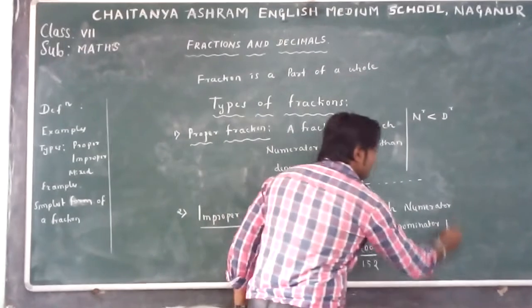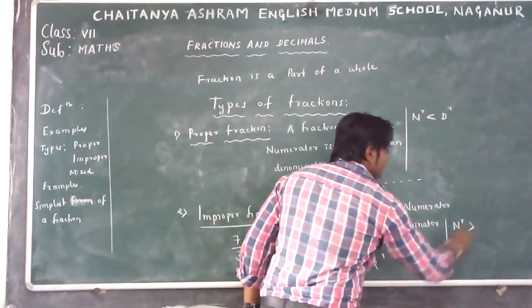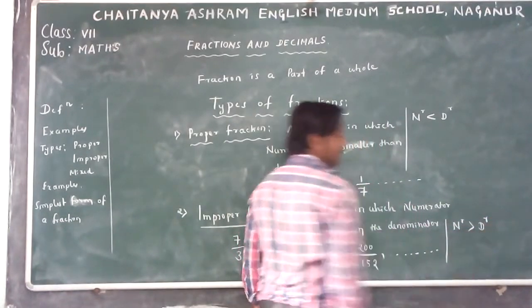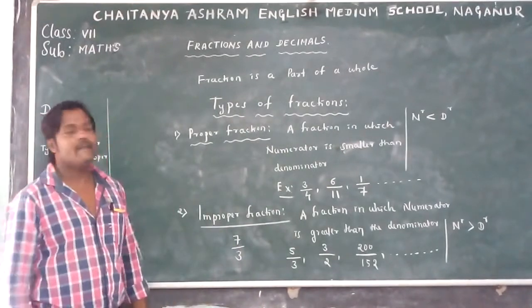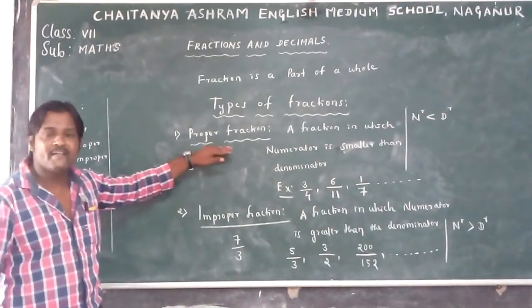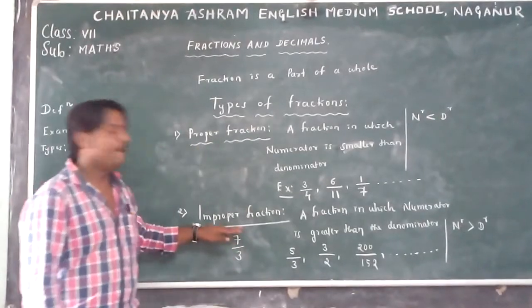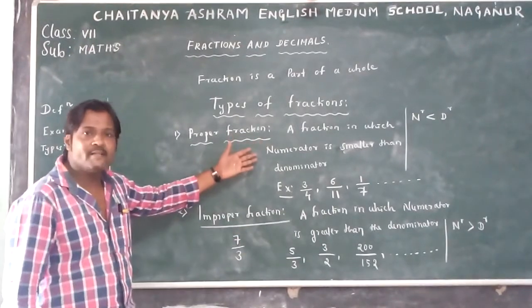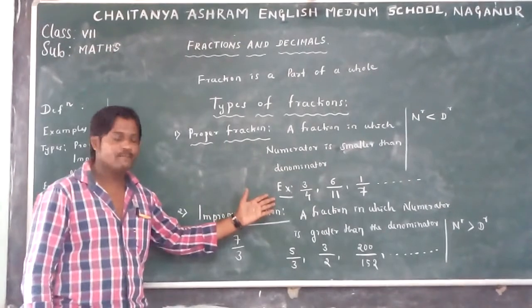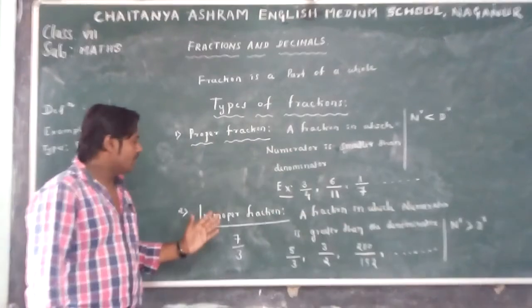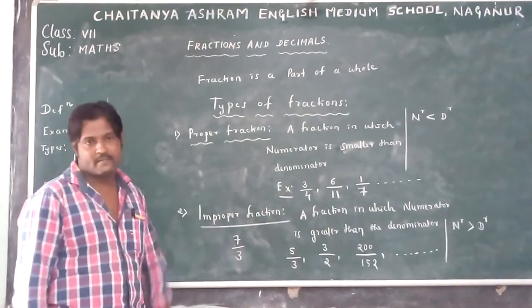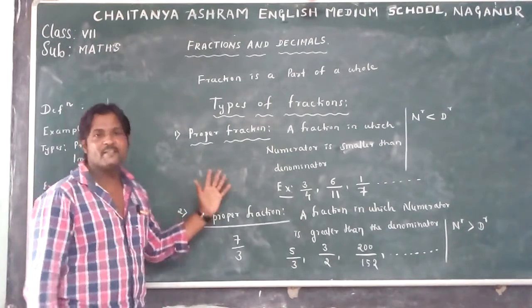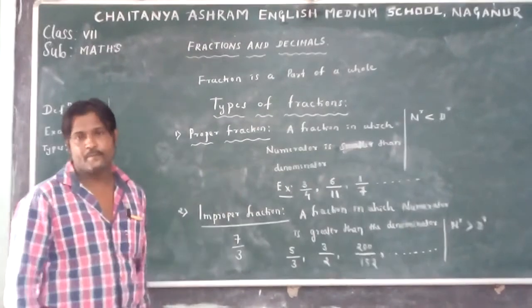In improper fraction, numerator is greater than the denominator. This is the main difference between proper fraction and improper fraction. Students, write the definitions, examples of proper and improper fractions, or take a screenshot of this video now.